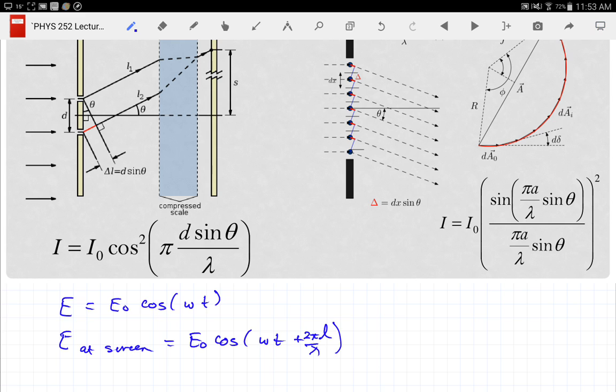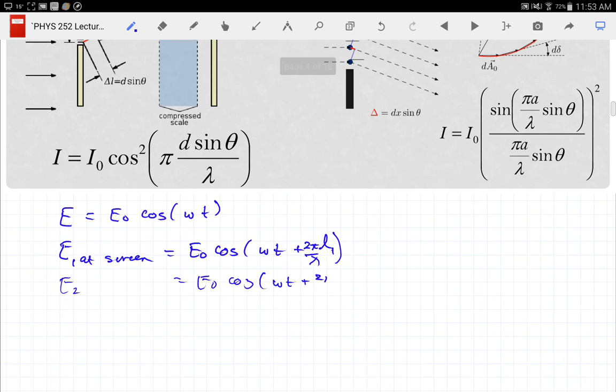But you have two different lengths for the two different slits. So for slit 1 you have length 1, and for slit 2 you have length 2.